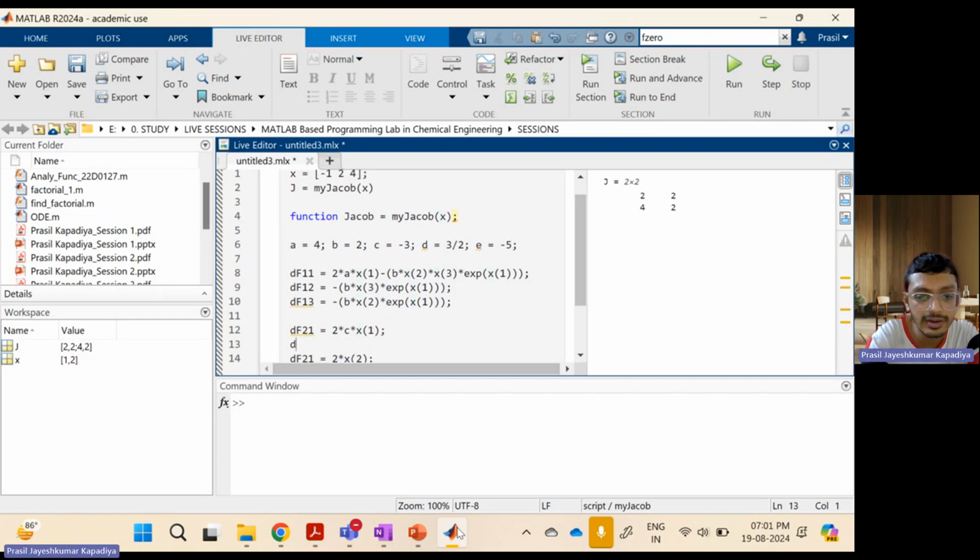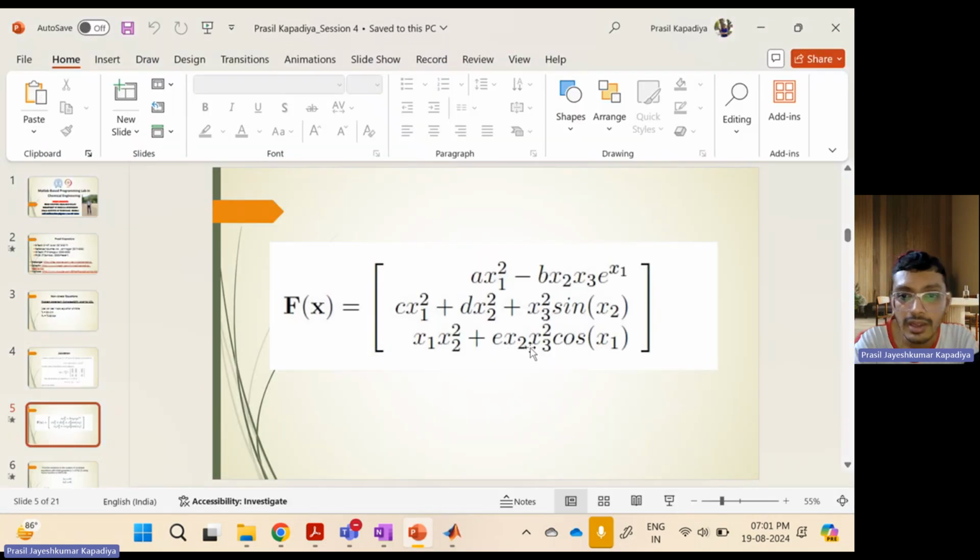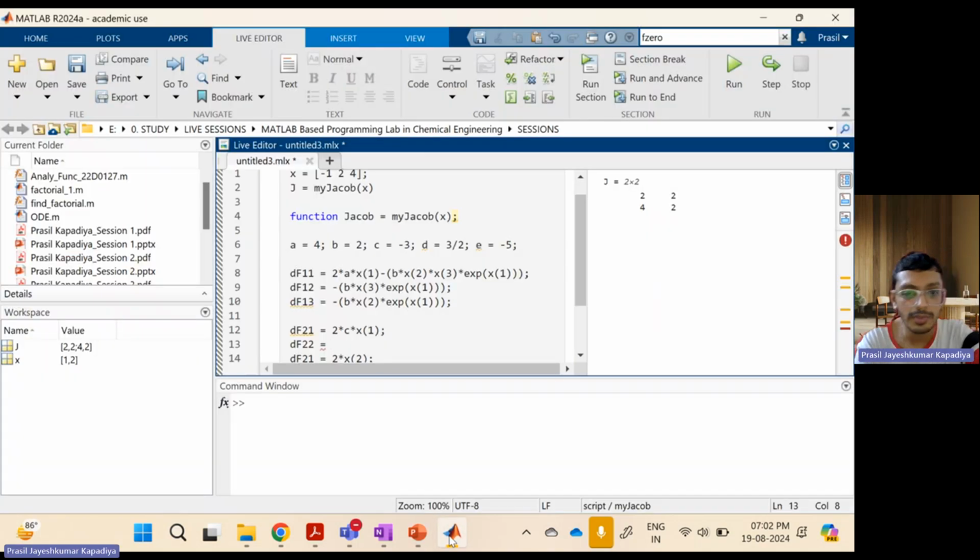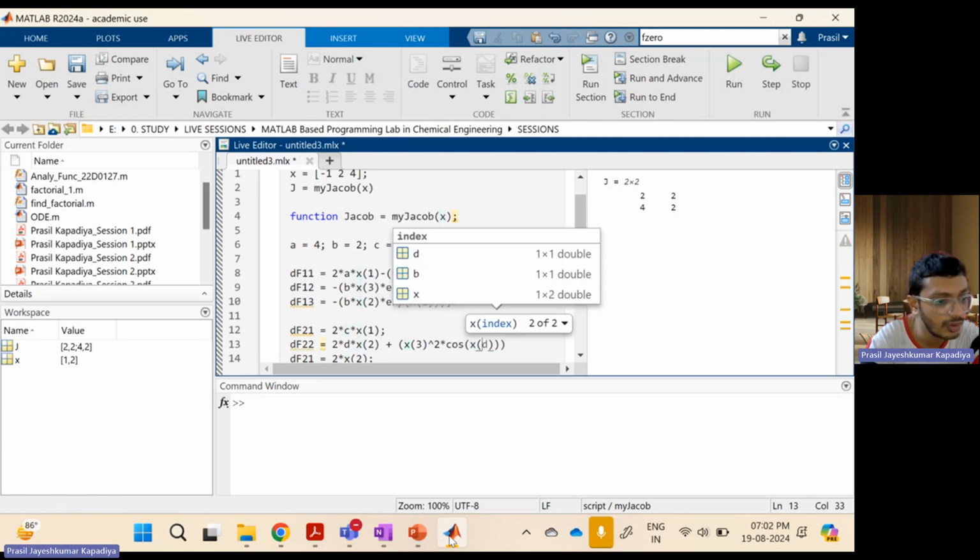Then my df22, second equation, will be 2d x2 plus x3 square sin x2, whose derivative is cos x2. Correct? So I'll be writing 2 into d into x of 2 plus x of 3 square into cos of x of 2.